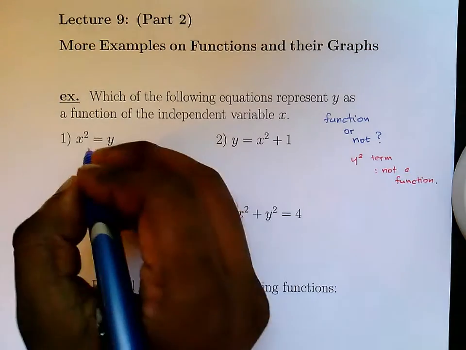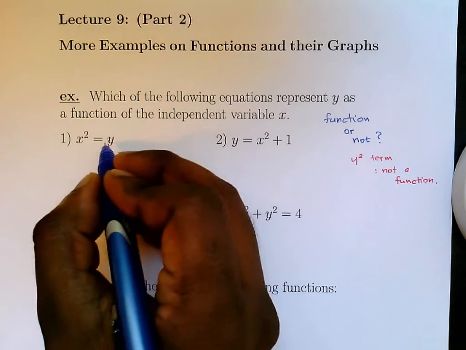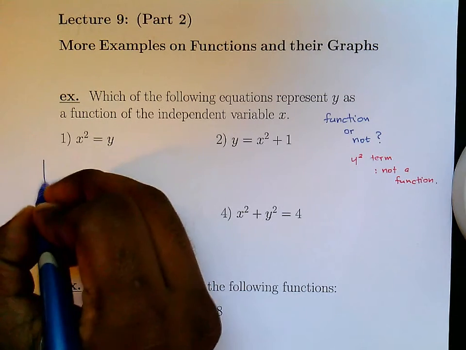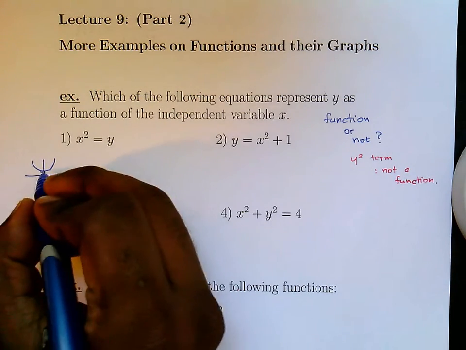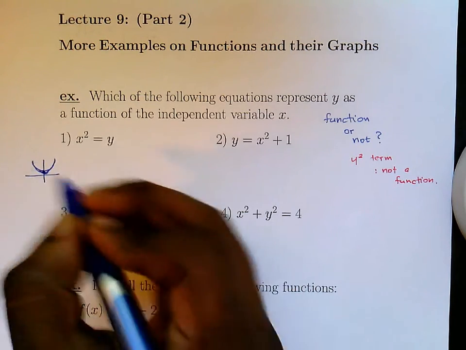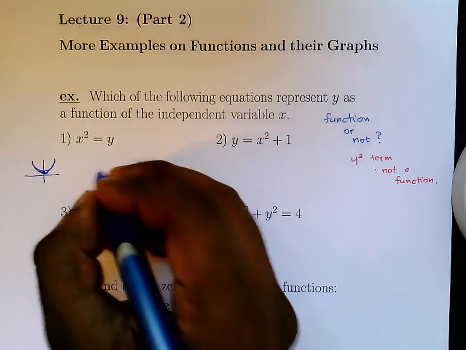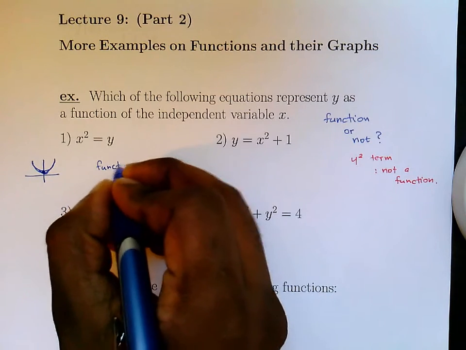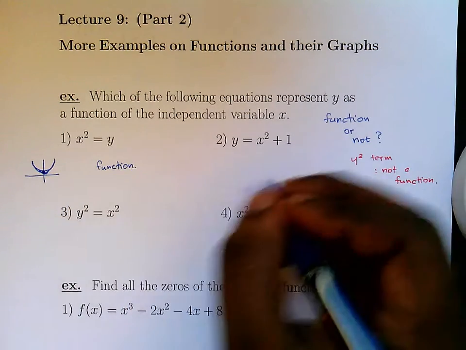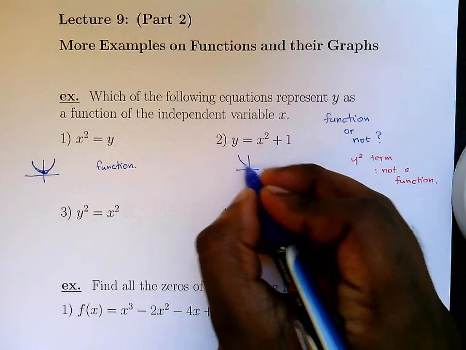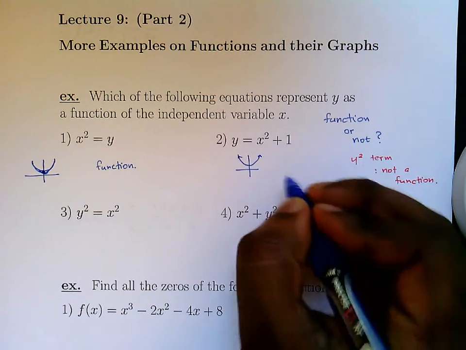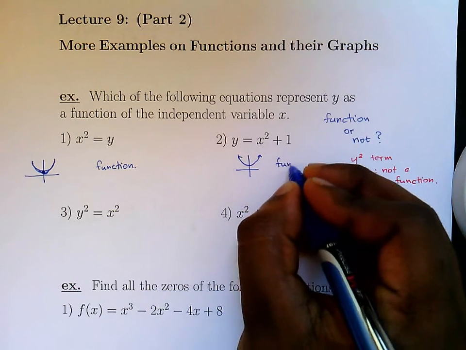Now in the first one, you don't see a y squared, you see y equals x squared, and of course y equals x squared is a parabola passing through 0. It should look something like this, but anyway, it's a function. And y equals x squared plus 1 would be the same parabola shifted one unit up, and that's also a function.